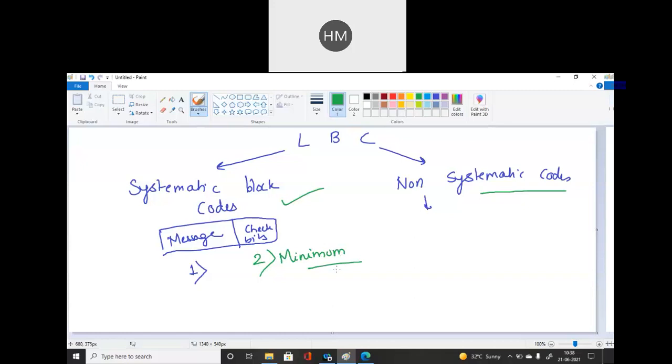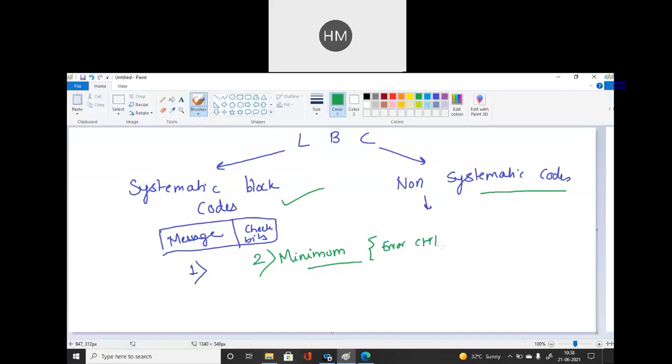In brackets you can write error control capabilities. Error control capabilities of LBC can be determined by its minimum distance.